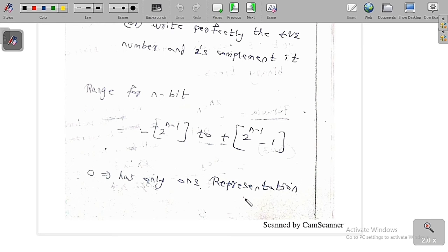Similarly, for n bit one's complement representation, the range is from minus 2 to the power of n minus 1 to plus 2 to the power of n minus 1 minus 1. Whereas for n bit 2's complement representation, the range is from minus 2 to the power of n minus 1 to plus 2 to the power of n minus 1 minus 1. So these are the things that you always have to remember. All these things I have already told you.